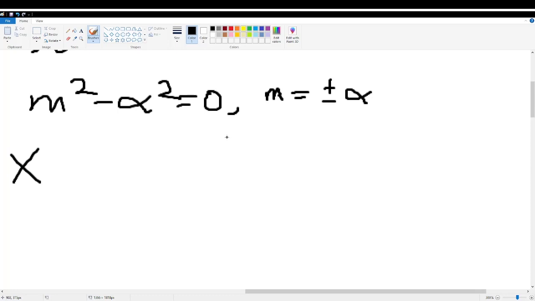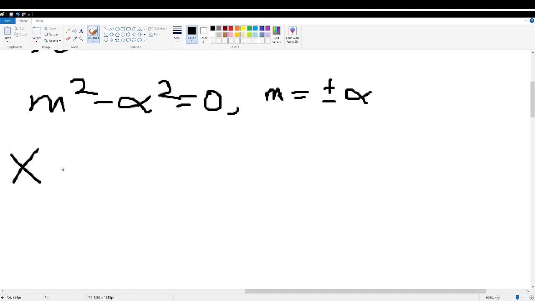Well, we could say it's equal to c1 e to the alpha x plus c2 e to the minus alpha x, but if we know our cosh and sinh identities, we can write down c1 cosh alpha x plus c2 sinh alpha x, which is hyperbolic sine and hyperbolic cosine, and that's equivalent to a constant multiple of that whole e to the alpha x, e to the minus alpha x business. And if you want as an exercise for yourself, you can go ahead and confirm that.